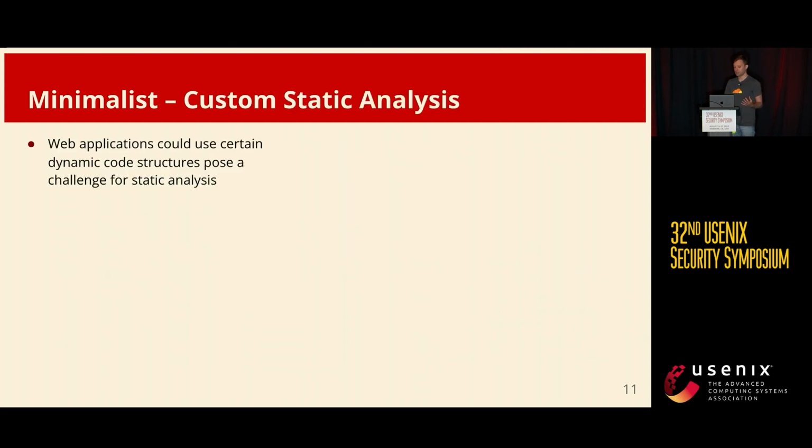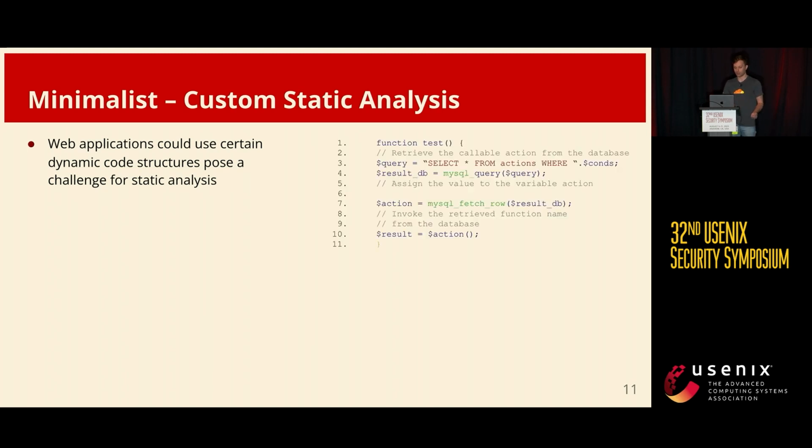During our analysis, we ran into some complicated dynamic code structures that cannot be handled by static analysis. One example of that is the code that you see on the right, where the developers decided to query the database to determine which function they need to call. And in a case like that, you cannot rely on static analysis to determine the target functions.